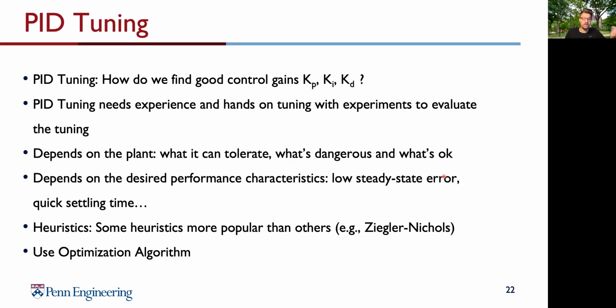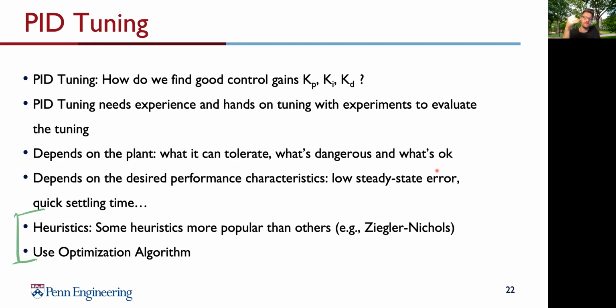In addition, what can the system tolerate and what's dangerous and what's okay for our system so it doesn't lead to a crash. And in addition, it depends on the desired performance characteristics we have. And what we can use are two things we can recommend here. First of all, heuristics, for example, the Ziegler-Nichols method.